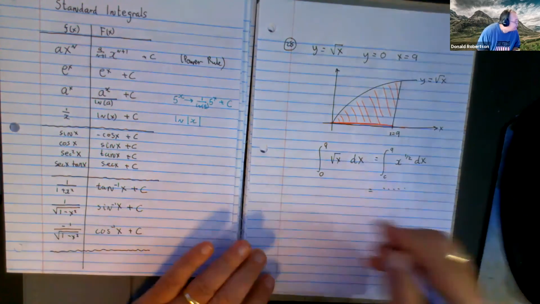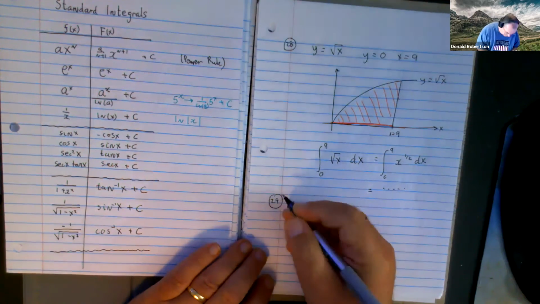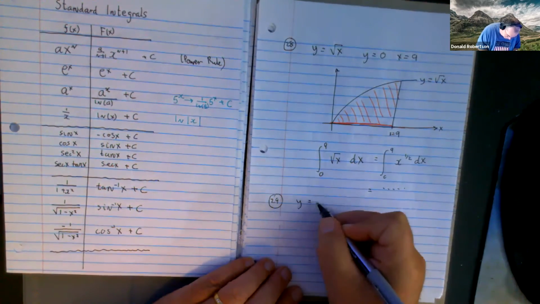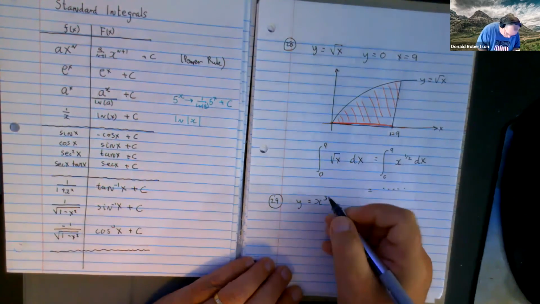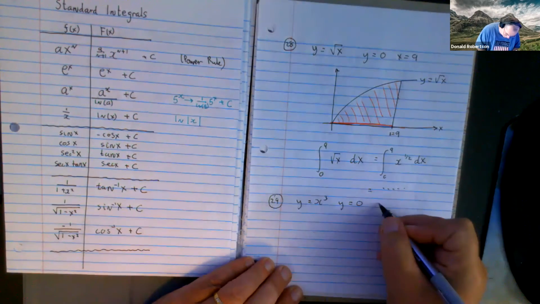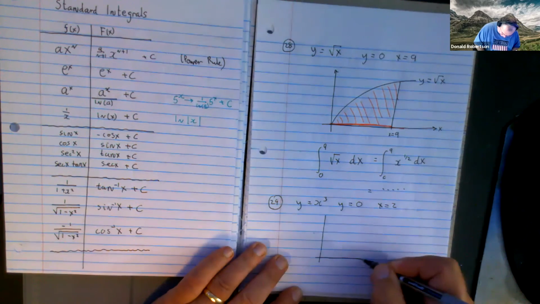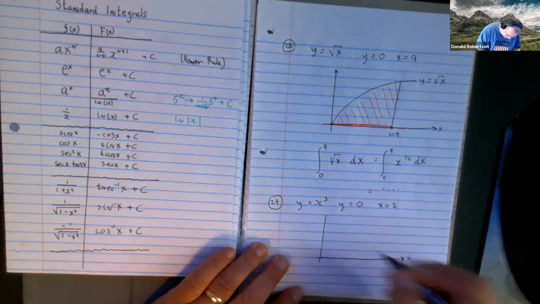How about this one? This is 29. We have y equals x cubed, y equals 0, and x equals 2. Now you put that package together. Again, I don't think I really need a calculator to do that.